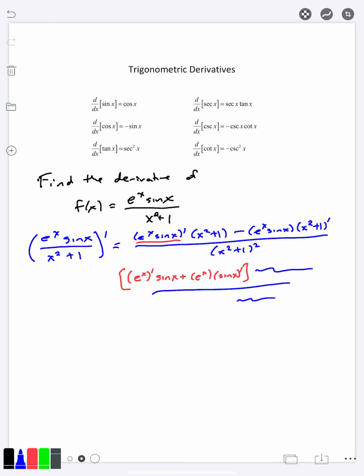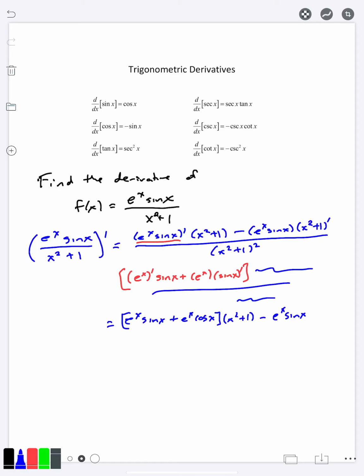So then when I start working things out here, the derivative of e to the x is e to the x. Derivative of sine x is cosine x. All of this is times x squared plus 1 minus e to the x sine x.